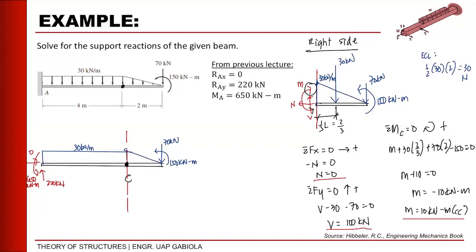If it's the same as this one, ibig sabihin tama yung calculation natin. Alright? So, I leave this to you na to try out yung left side so that ma-practice kayo. And then, I'll upload again or I will give, as I've said, the practice problem. So, 2 beams lang, identify nyo yung support reactions sa internal forces as your practice before the examination.